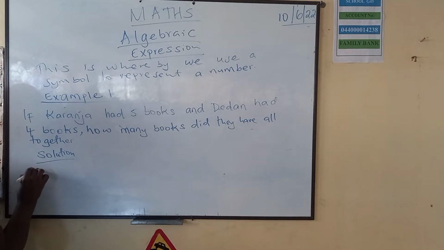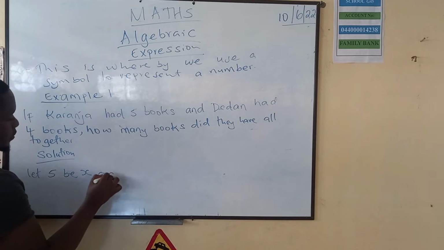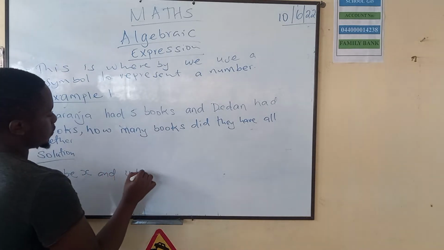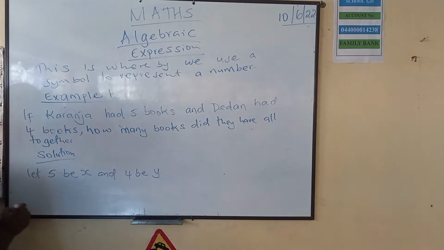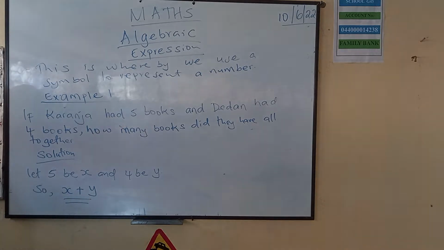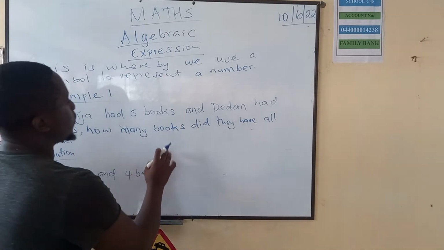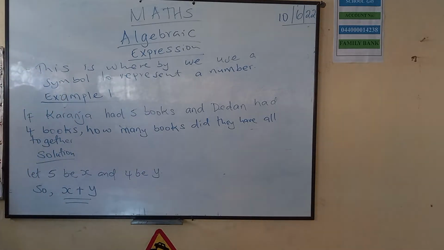So we'll say let 5 be x and 4 be y. So we'll have x plus y as our expression for the sum of the books that Dedan and Karanja had.